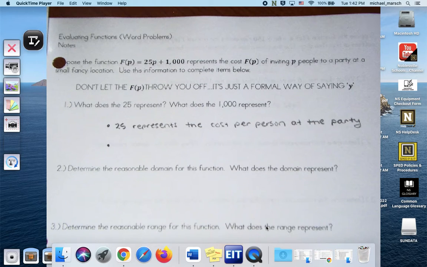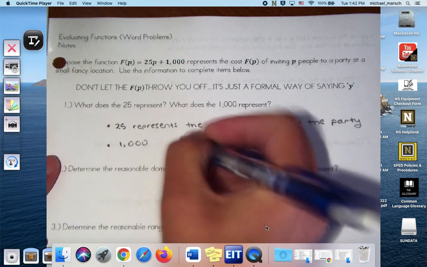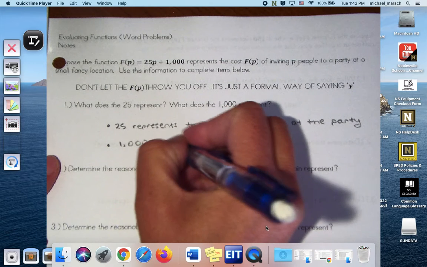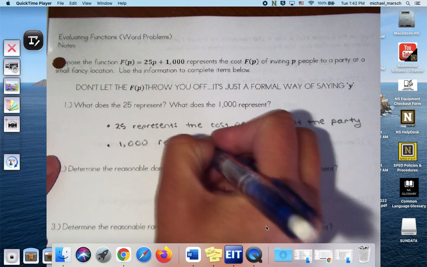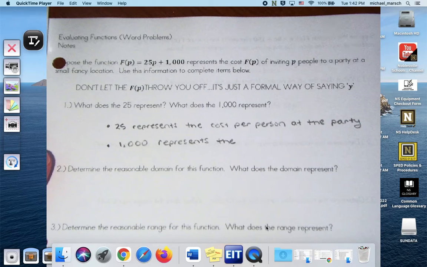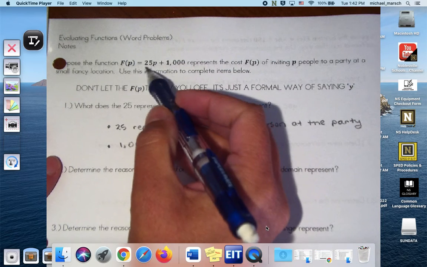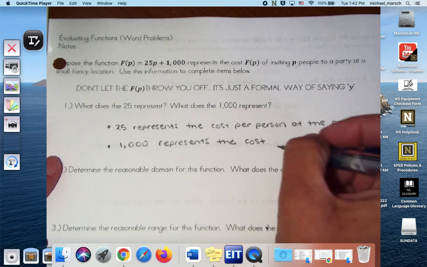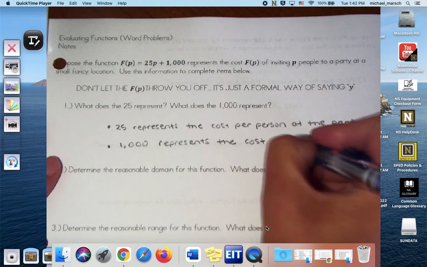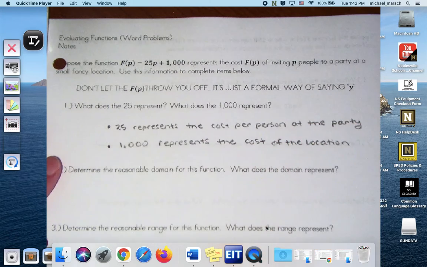What other costs might that be? Like to pay for the location. Pay for the location. Kika, you knew that? Well, I was going to say the stuff that you already spent for the party. Yeah, something you already spent. Yep, represents the cost. So the 25 would cover the food and everything, and then the 1,000 represents the cost of the location. That's just the cost you pay to have it there.